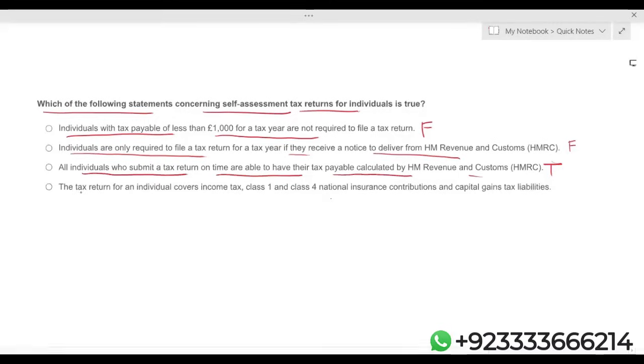They will do it. The tax return for an individual covers income tax, class 1 and 4 NIC contribution and capital gain tax liabilities. It covers class 1, class 4 NIC, insurance contribution, capital gain tax liabilities.